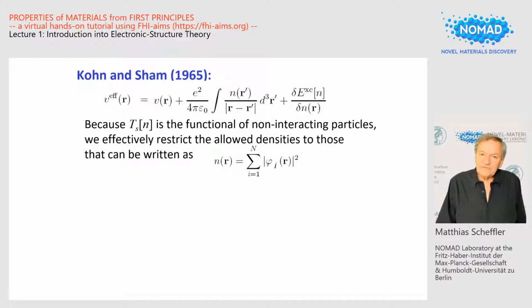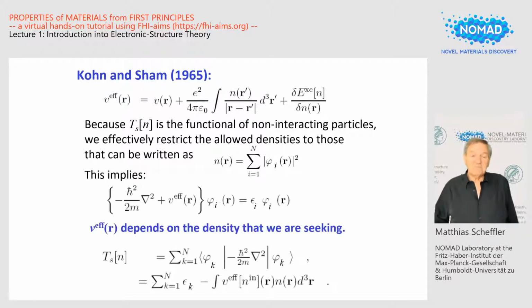Because Ts is the functional of non-interacting particles, we effectively restrict the allowed densities to those that can be written down as n being the sum over phi squared. And that implies that I can put this in: minus nabla squared plus effective potential times phi equals a single particle energy times phi, where the effective potential depends on the density that we are looking for.